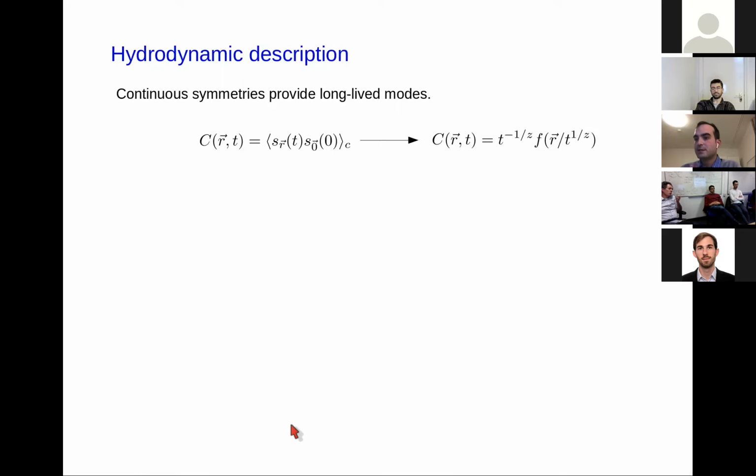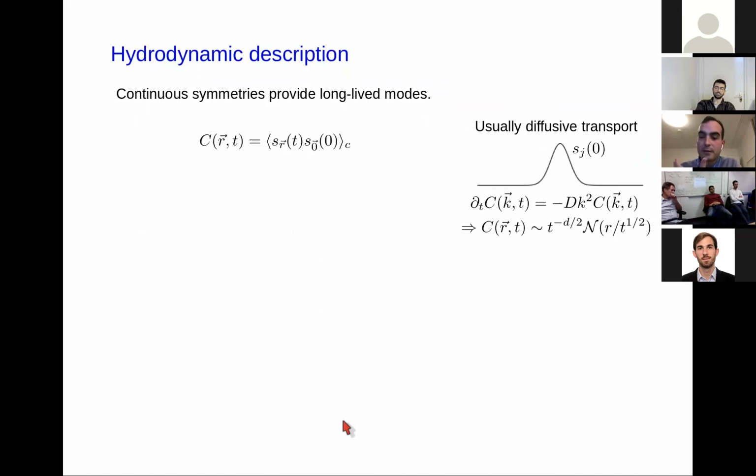In the presence of such conserved quantities, you will find that the correlation functions follow a scaling ansatz, given by some dynamical exponent and some universal scaling function that depends on the ratio of spatial coordinates and time, okay? For example, if you have particle number conservation and no other relevant symmetry, you usually expect diffusive transport of this local density.